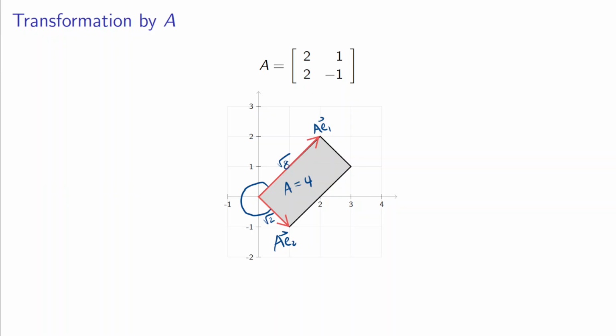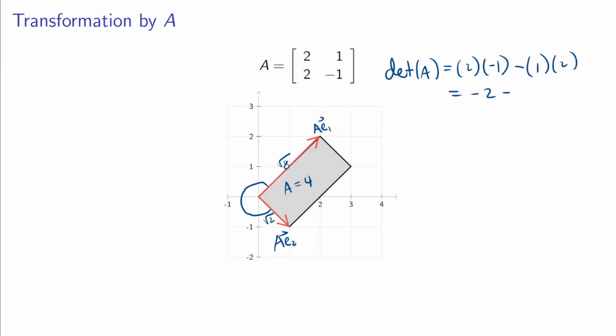If we go ahead and compute the determinant of this matrix A, we get -2, or maybe I'll show the whole formula again just to remind you. So it's going to be ad minus bc, right? So 2 times -1 minus 1 times 2.